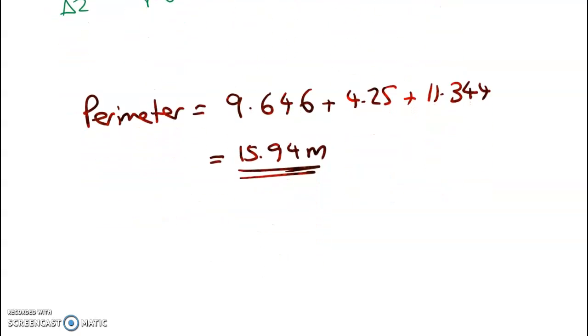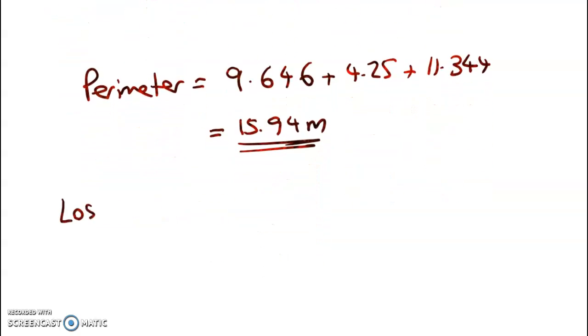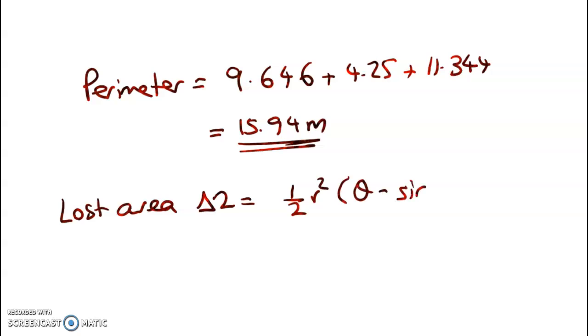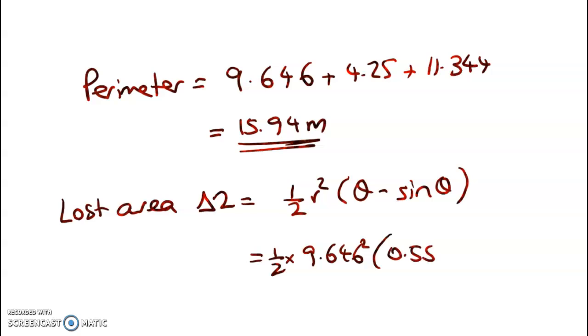Now what about the lost area? So the lost area on triangle 2 is equal to a half r squared times theta minus sine theta again. So it's a half times the 9.646 squared times this. And you'll see, of course, this factor is exactly the same as the one we had earlier.